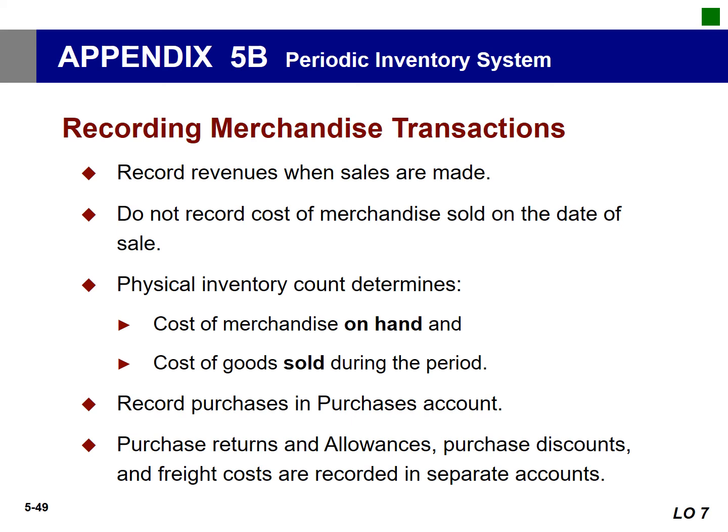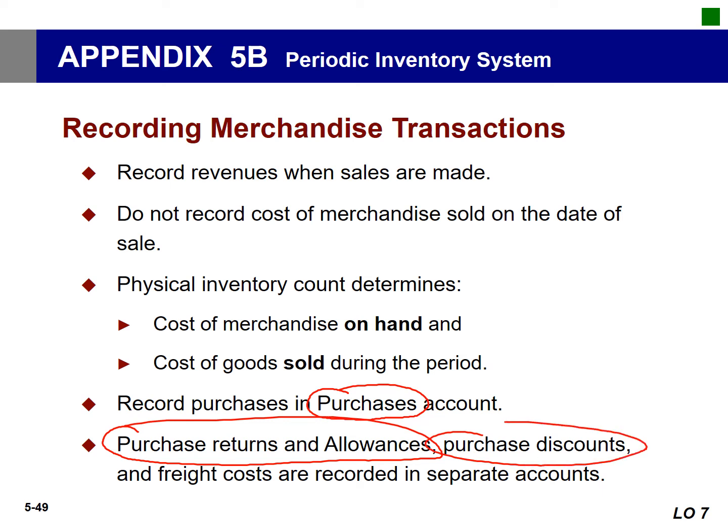Okay, let's look at how we're going to make our entries into our accounting records. Our periodic inventory system business is going to use this purchases account when it buys merchandise inventory. If there is a return or allowance or a purchase discount, we're going to use the purchase returns and allowances account and the purchase discounts account. If the buyer has to pay the freight, we're going to use an account called freight in.